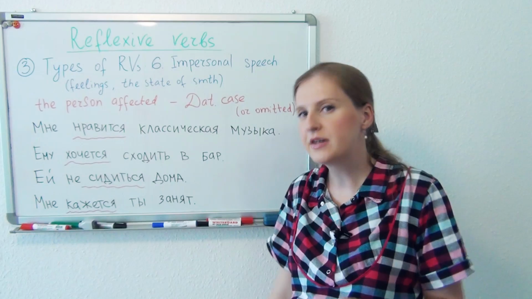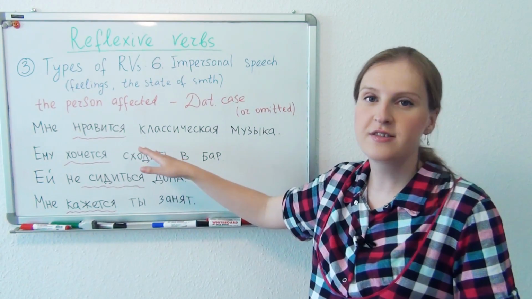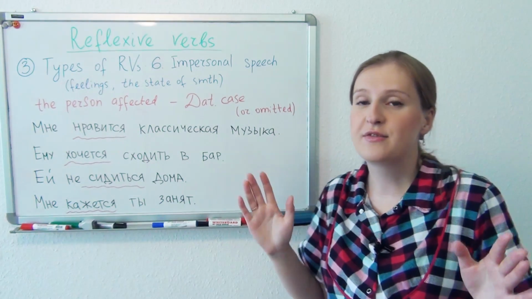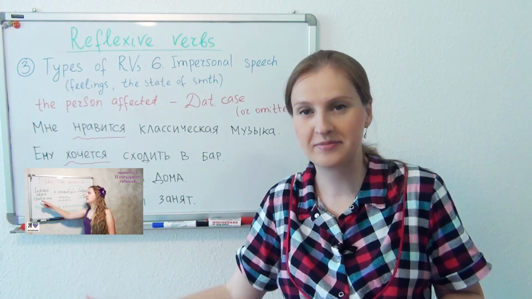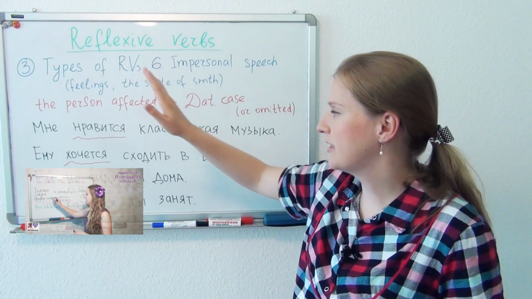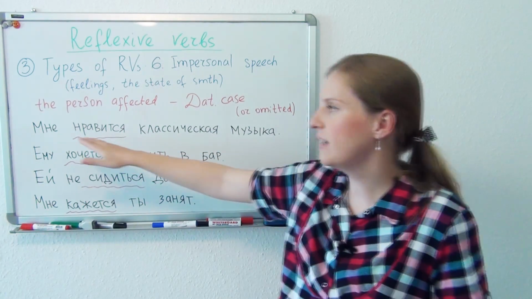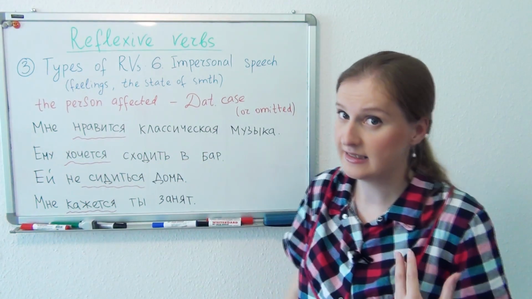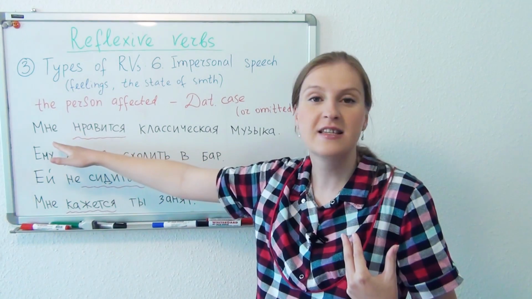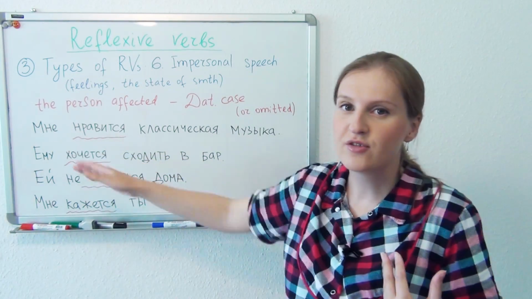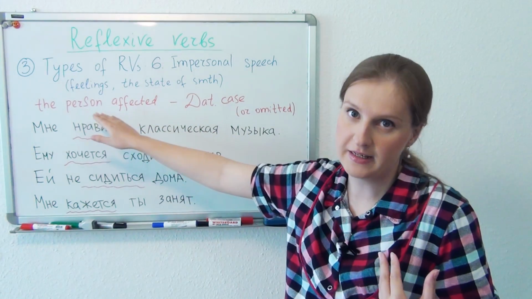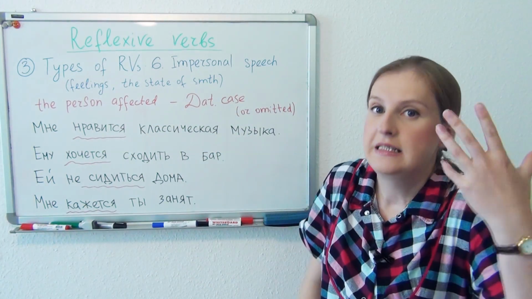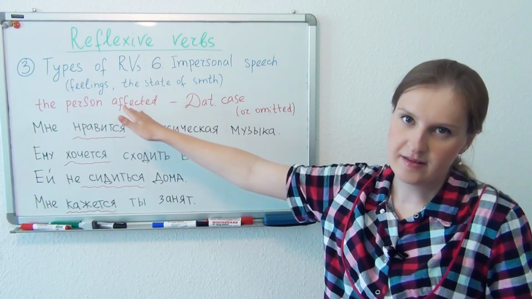By the way, I talked about this verb нравится separately. It is very special. The construction is very special. And if you want to take a look at this class, you are welcome. Here, what we should understand is that the subject in English, I like, is not the subject in Russian. In Russian, we use the dative case of the person affected, the person who feels something.